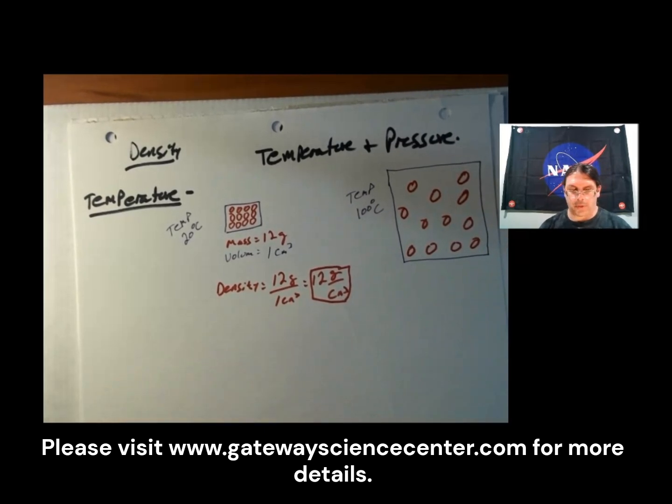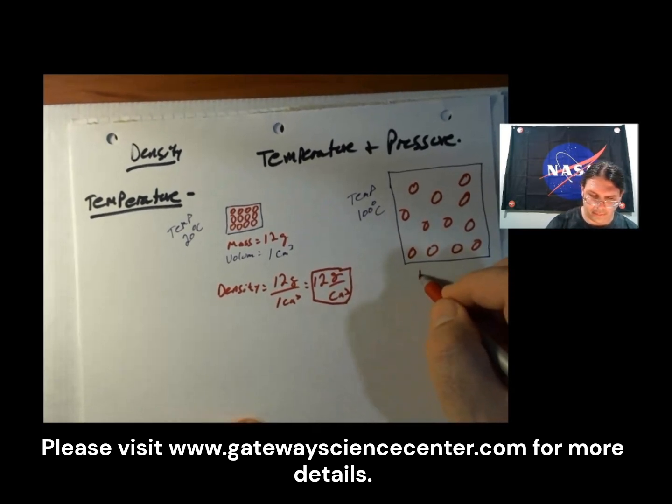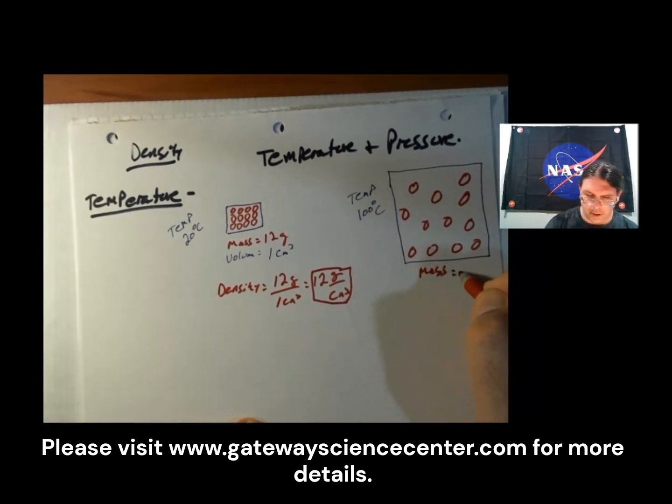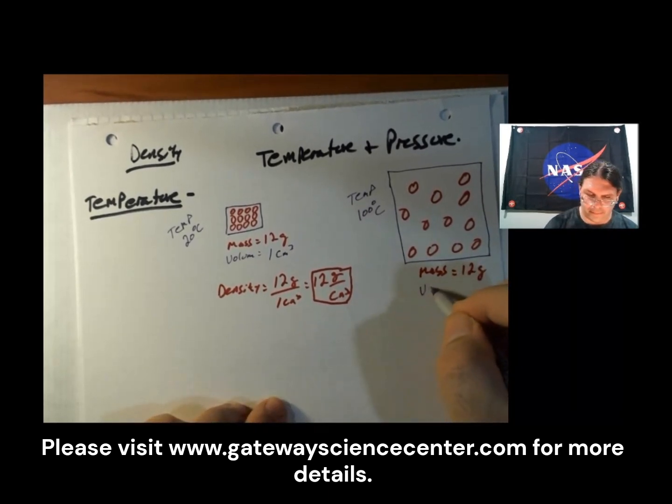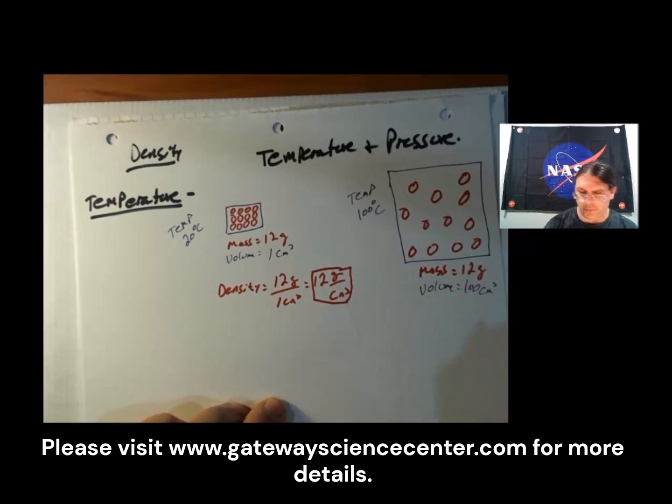So now the 12 items spread out. Now you've seen this combination before, because the mass is 12 grams. That didn't change, but my volume did. I'll make this 100 centimeters cubed, just to play around with the numbers.